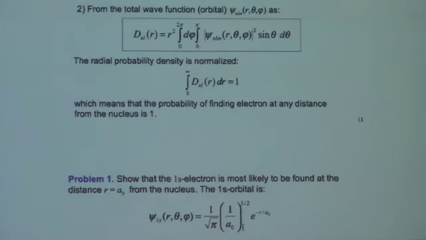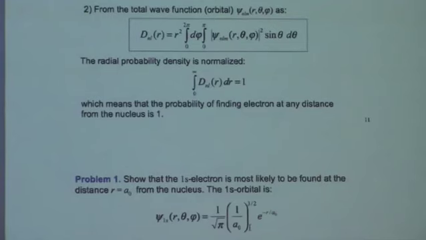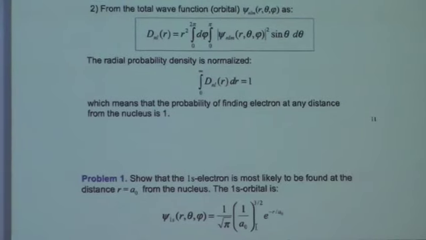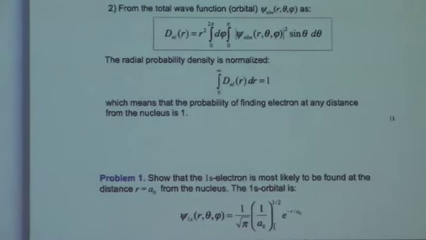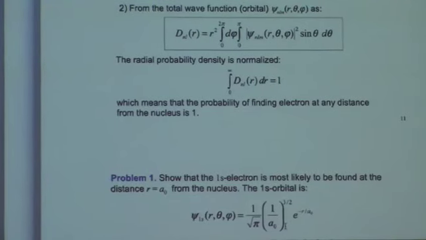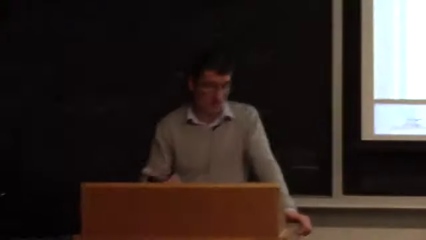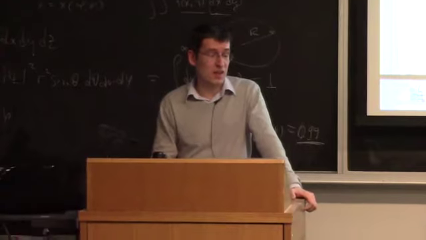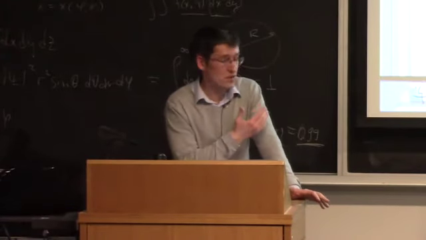in these problems you need to be careful about what is asked. The question here is that the electron is most likely to be found at the distance. Most likely means that the probability density is the highest at this distance.